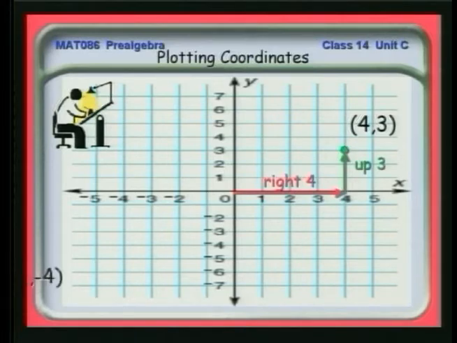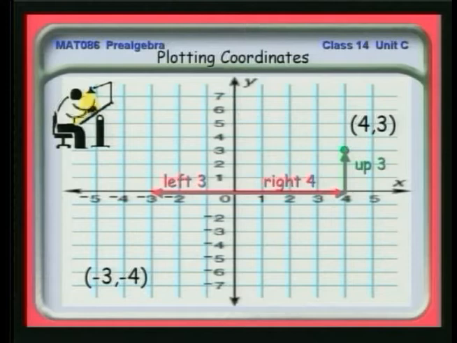Let's try another one. How about -3, -4? The -3 indicates that we go along the x-axis in the negative direction to the left 3 units. We go to the left 3. At this point, we could go up or down, but the coordinate for y is -4, which means we go down 4 units.